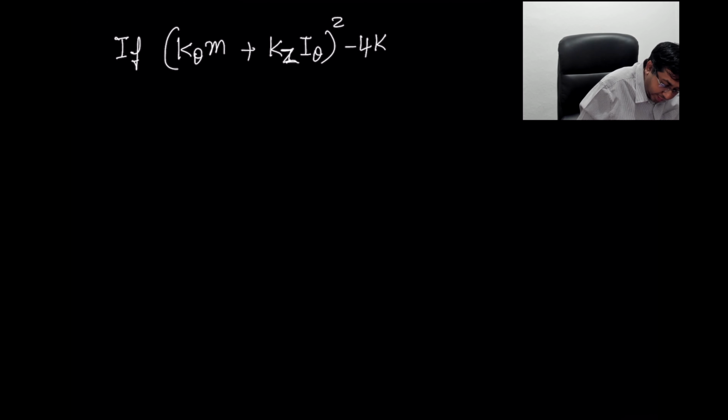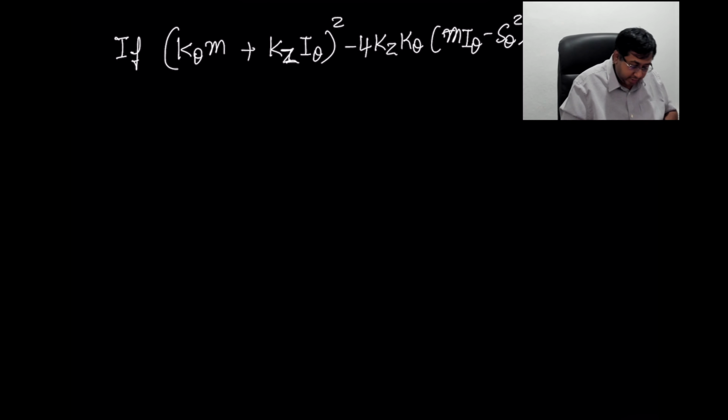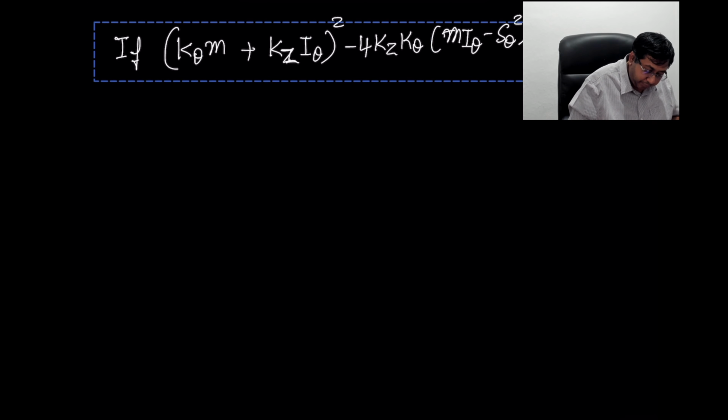So now our question is, what if k theta into m plus kz into I theta whole square minus 4 kz k theta into m I theta minus S theta square is less than 0?